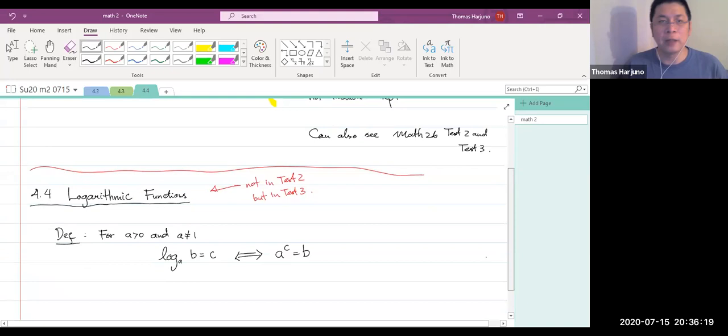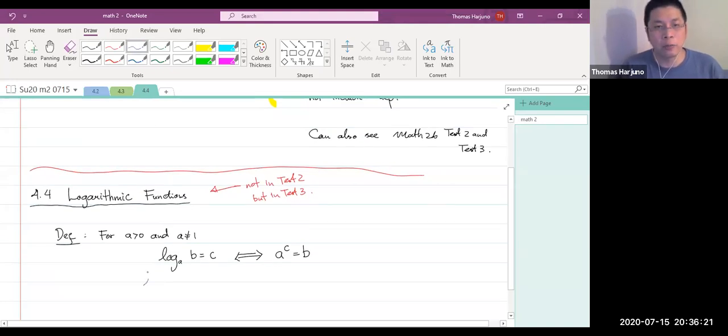The one on the left hand side, we call logarithmic form, log form. The one on the right hand side, we call exponential form.